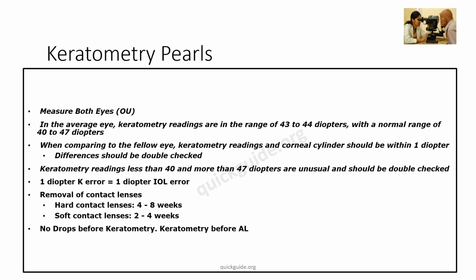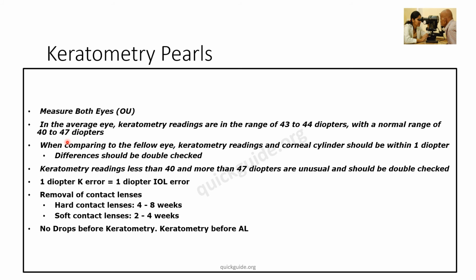So here are basically a few keratometry pearls that we should follow in order to have a perfect keratometry for the patient. Remember that the average keratometry readings are between 43 to 44 diopters, and that if the patient has less than 40 diopters of keratometry reading or more than 47 diopters, that actually indicates that the patient's cornea is too flat or too steep, respectively.